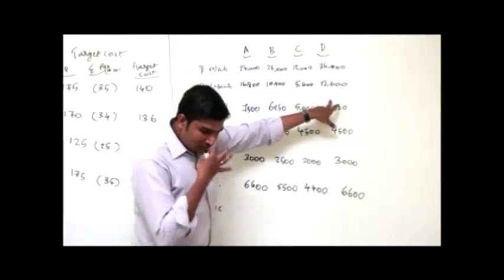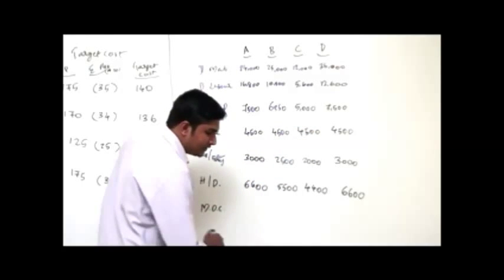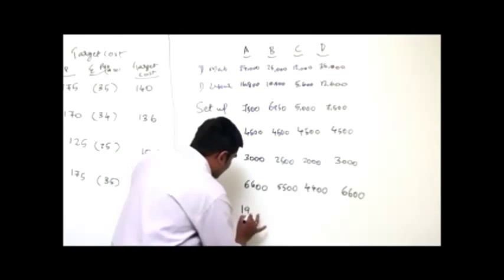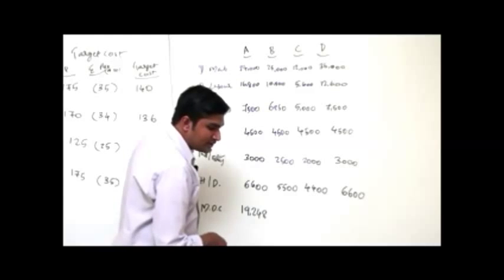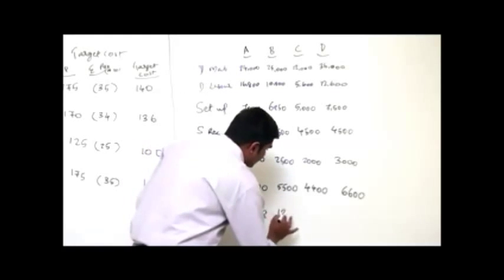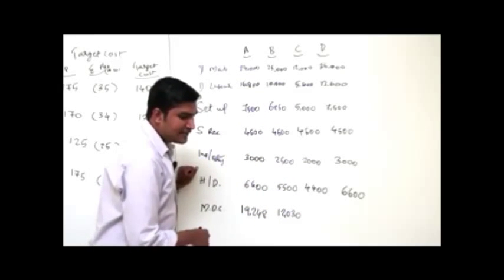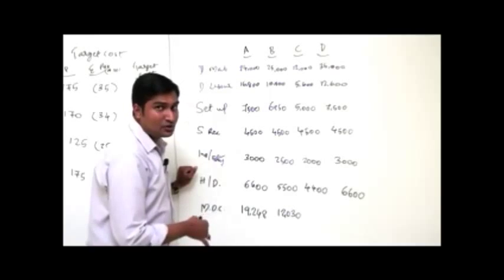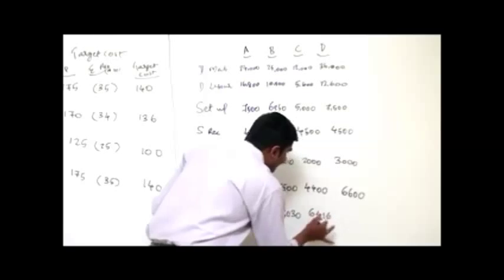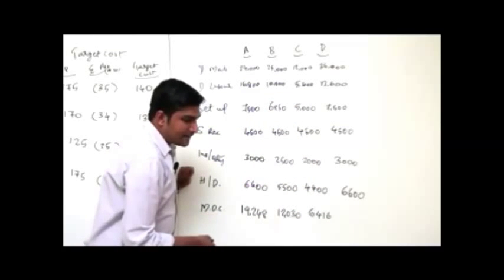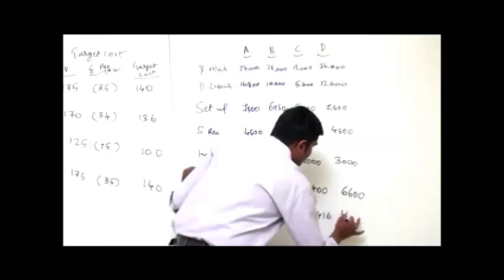So 8.02 multiplied by 2,400 machine hours, it would be 19,248. Now for B, 8.02 multiplied by 1,500, 12,030. Now for C, the total hours being 800 and the per hour rate being 8.02, 8.02 multiplied by 800, 6,416. For D, 8.02 multiplied by 1,800, 14,436.